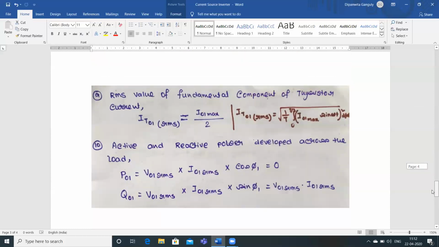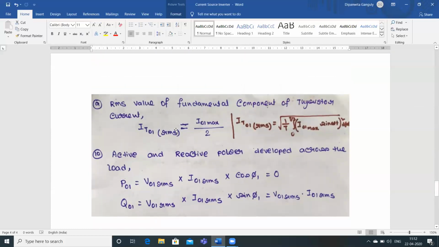Now, if we try to find the RMS value of the fundamental component of thyristor current, root mean square, mean is 1 by 2 pi, 0 to pi, I01 max sine omega t whole square d omega t. Doing this, we are getting I01 max by 2.